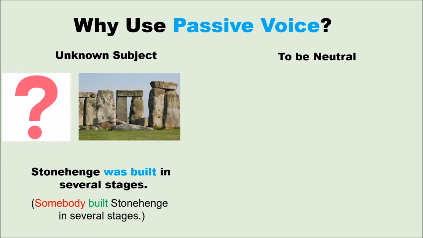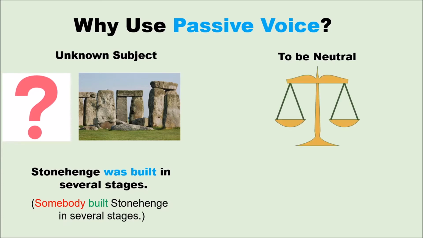Finally, we can use passive voice to be neutral, that we're not taking a side. Neutral means being fair to everyone involved. Here is an example of a neutral statement. An error was made in this report. Maybe you are the boss and you found an error in a report, but you don't want to blame someone specifically.